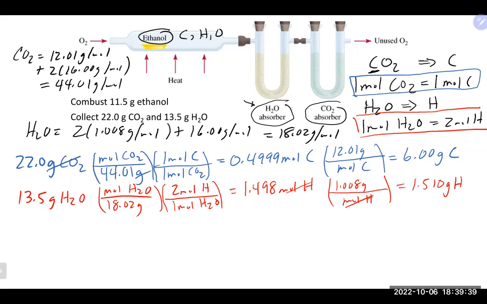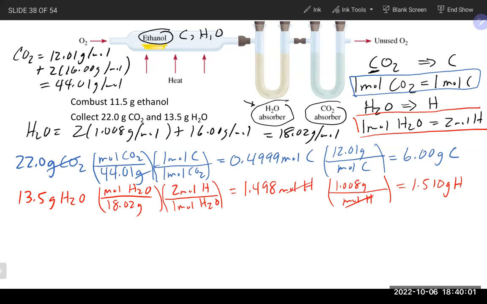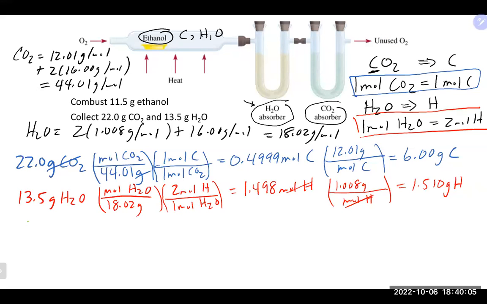Any questions so far on that calculation? At this point, I've figured out how many grams of hydrogen came from the original sample, which is about 1 gram or so, and how many grams of carbon, which is about 6 grams. That means I can now find the oxygen by adding those together and subtracting from our original sample. Our original sample was 11.5 grams, and it contained carbon, hydrogen, and oxygen.